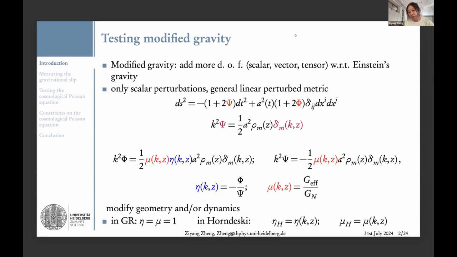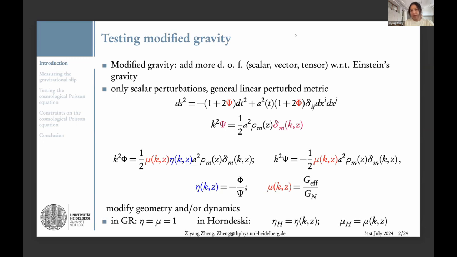The second function is mu, which is essentially the effective gravitational constant and tells us the deviation in dynamics, the deviation in the forces. In general relativity, these 2 functions both go back to 1, but in principle, they could both depend on time and scale. For instance, in Horndeski theory, eta and mu depend on both time and scale.